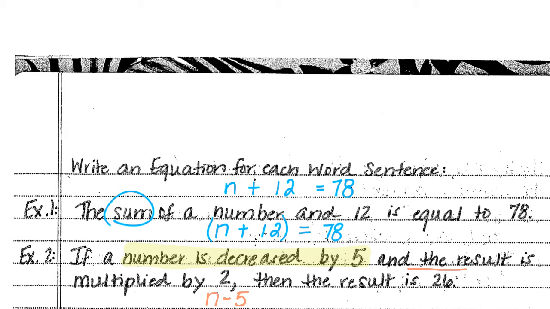And it says the result of that will be multiplied by 2. So I'm going to take this whole thing and multiply it. Whether you multiply the 2 here or you put it right there, it does not matter. Then the result, again a little wordy, is 26. They are not asking us to solve these, they're just asking us to set these up.